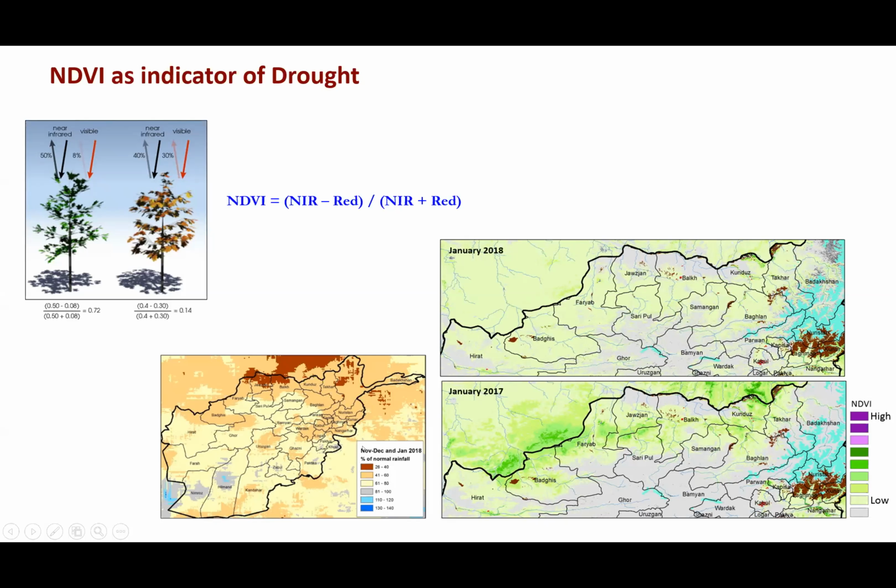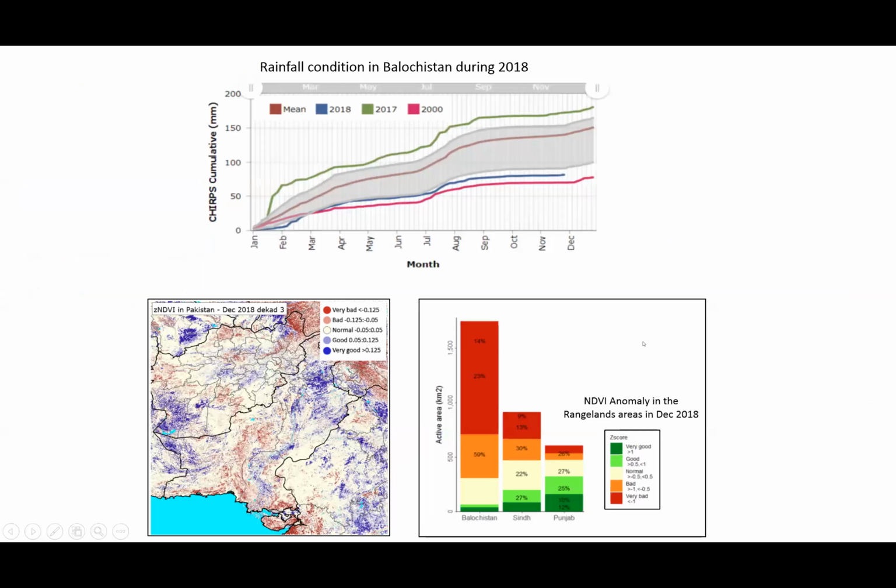If you see that November, December, January precipitation is low, then you see the impact: 2018 vegetation condition is very bad in comparison to the other year. This is a simple index for looking at drought conditions in a particular region.